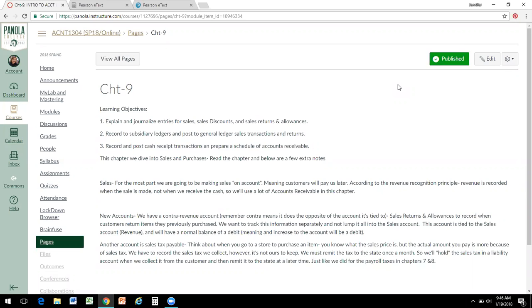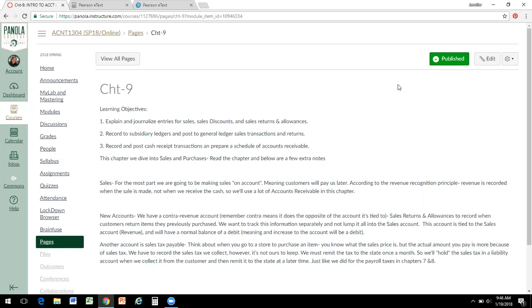Also remember the cycle that we have. So we start out with making journal entries, then we post to the GL, and then we create a trial balance, and then we do adjusting entries, and then an adjusted trial balance, and then we do our financial statements, and there's 3 of those: the income statement, the statement of owner's equity or retained earnings, and then the balance sheet.